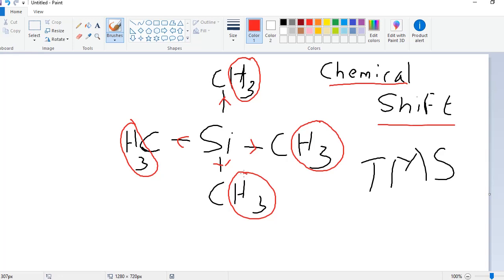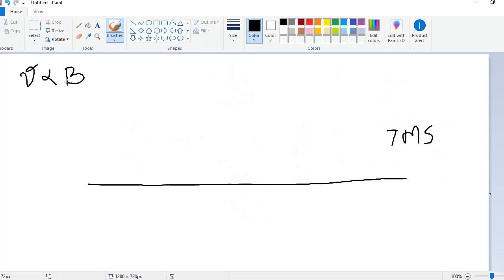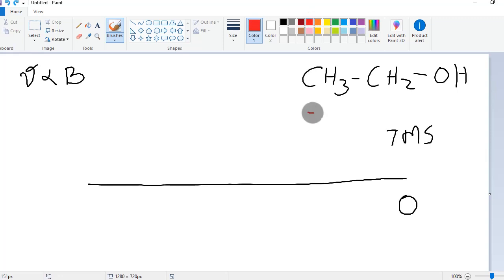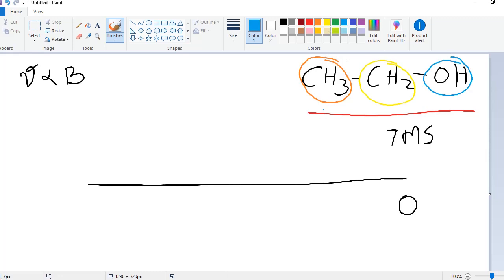So the resultant magnetic field which would be experienced by the protons of tetramethylsilane would be the least, and therefore the precessional frequency associated with this proton would be the least. And let me give that the value as 0. In our example of ethanol, we have three magnetic environments A, B and C. We had discussed that the hydroxyl proton is the most deshielded, followed by the methylene proton, followed by the methyl proton.